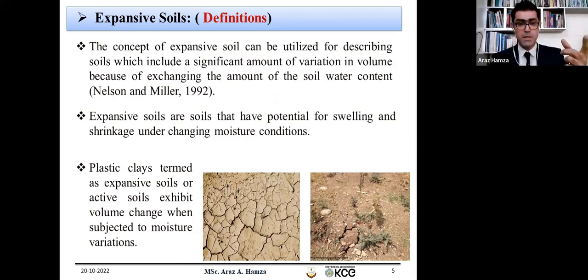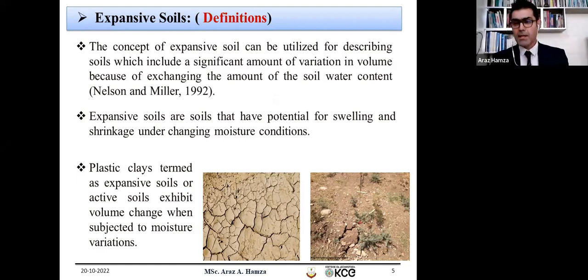Also, we have another definition: expansive soils are the soils that have potential for swelling and shrinking under changing moisture conditions. Another definition: plastic clays, termed expansive soil or active soil, exhibit volume change when subjected to moisture variation.